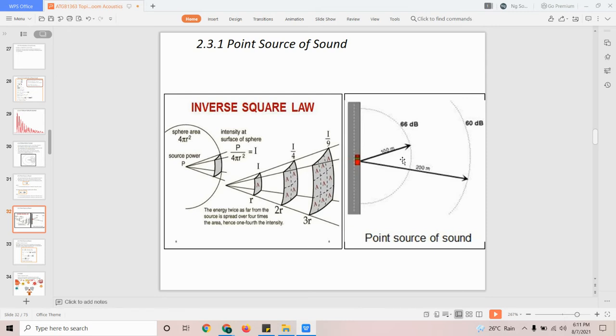But because we do not want to mention all these numbers, we can simplify it using logarithm. This is the idea behind why we use logarithm, or decibel, as a scale of measurement for sound.